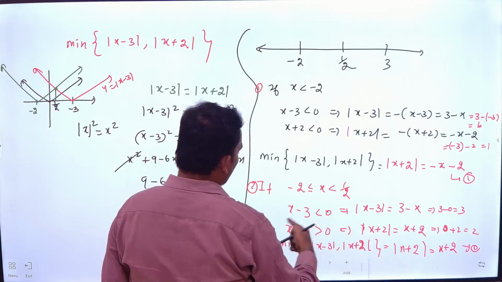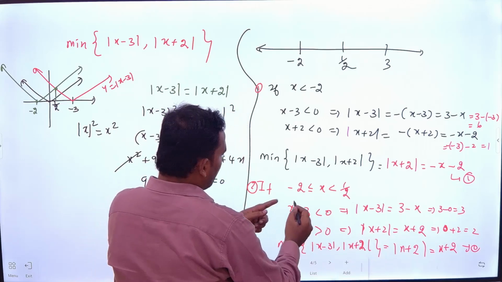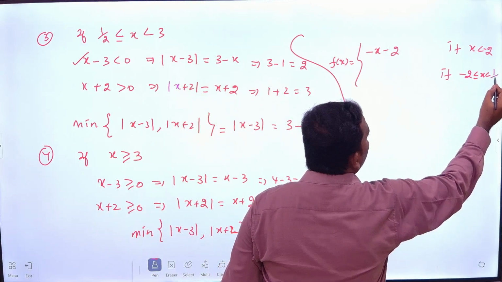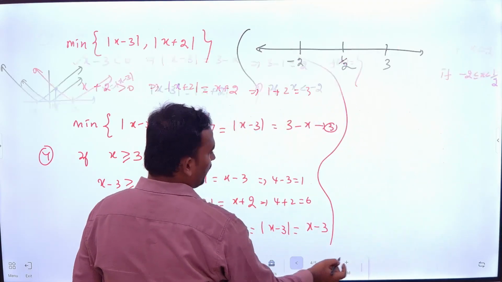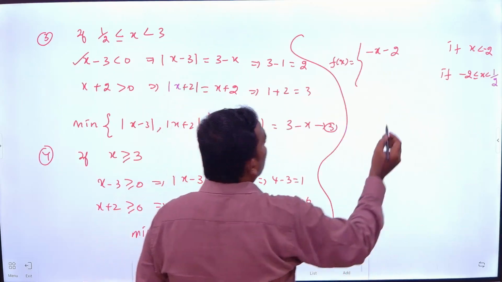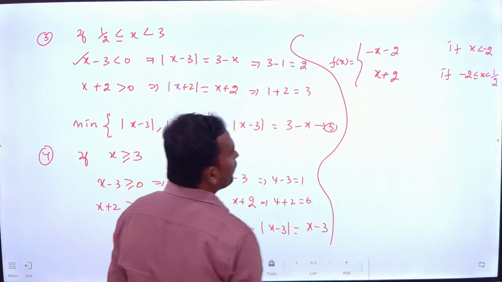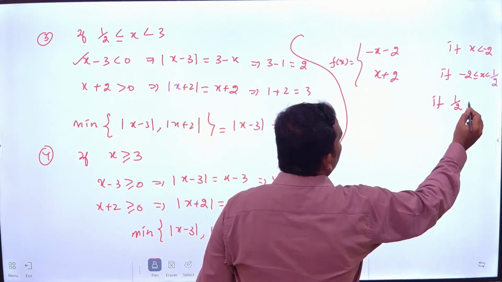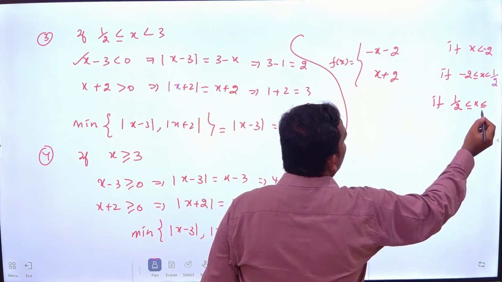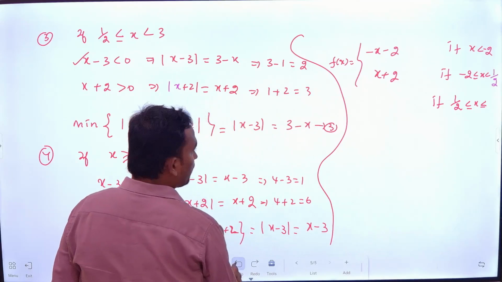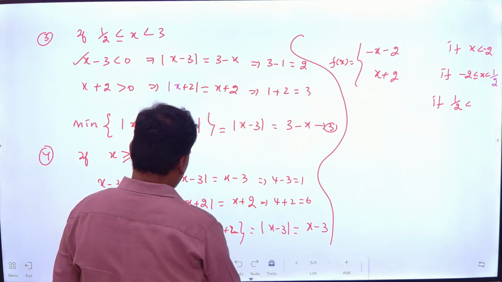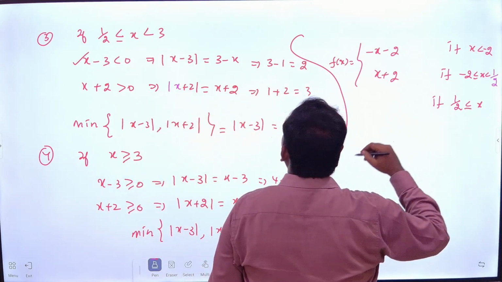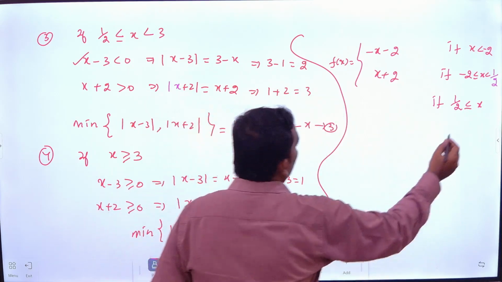Second one you can see, what is the minimum when you take minus 2 to 1 by 2? In this interval, which is the minimum? X plus 2, right? X plus 2. Okay, fine. Next, let me take 1 by 2 to 3.